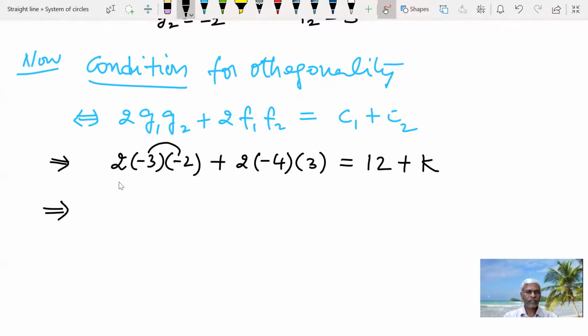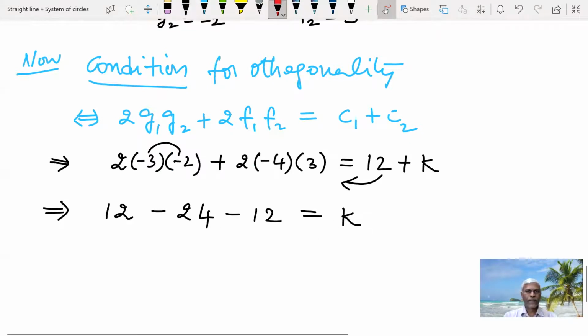Minus into minus plus, 2 into 3 is 6, 6 into 2 is 12. So this is plus into minus minus, 2 into 4 is 8, 8 into 3 is 24. You can bring this 12 to the left side, that becomes minus, so plus 12 minus 12 will get cancelled.